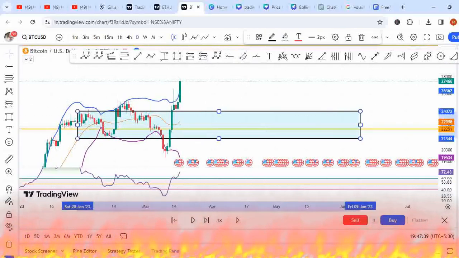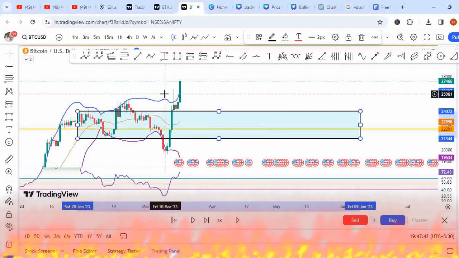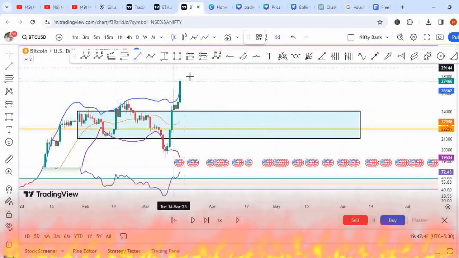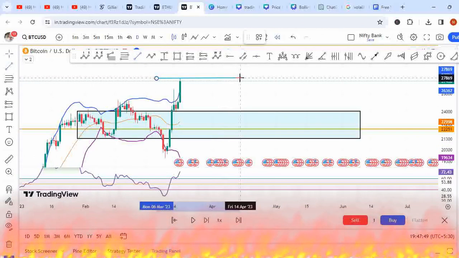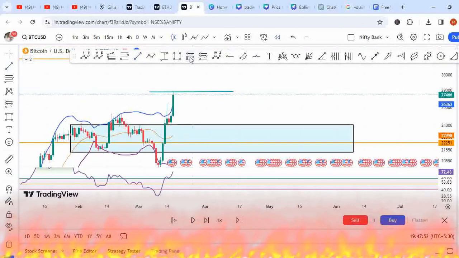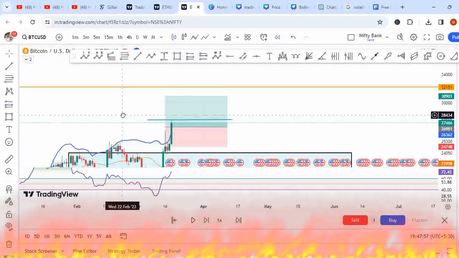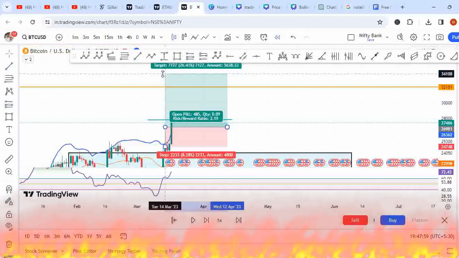Again, you see, here RSI is taking its support. It's a very strong candle. What you can do is whenever it breaks, you can enter into the trade by keeping this low as your stop loss. Risk to reward ratio 1:2.